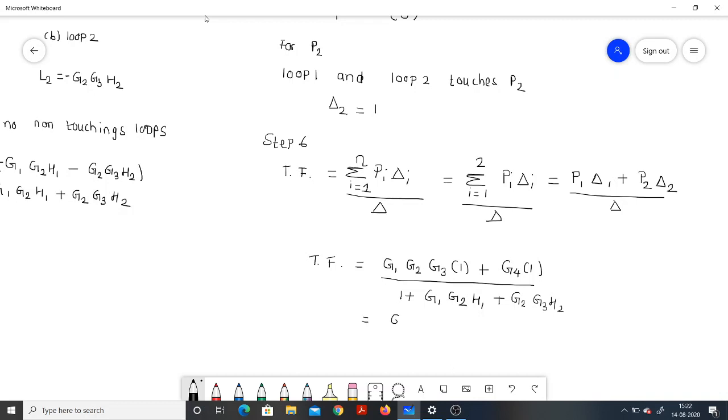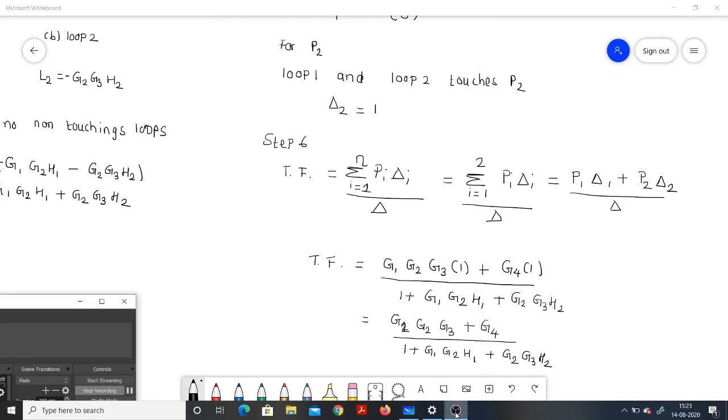So this is G1 G2 G3 plus G4 divided by 1 plus G1 G2 H1 plus G2 G3 H2. So students, that's all for today's lecture.